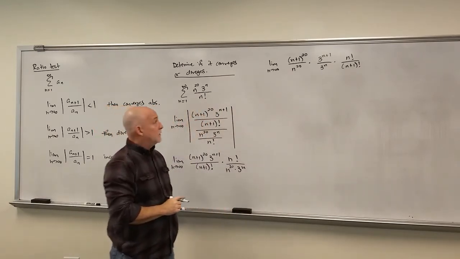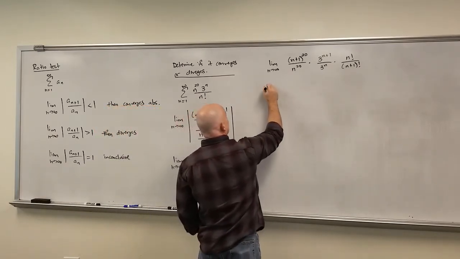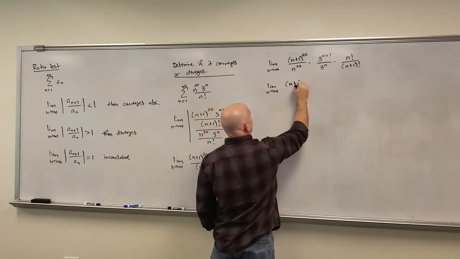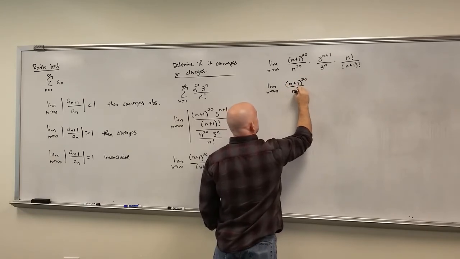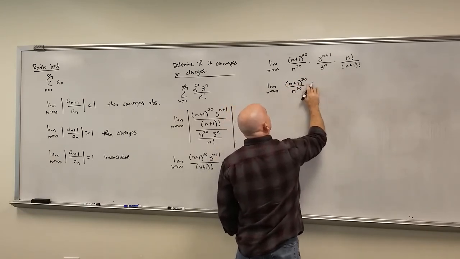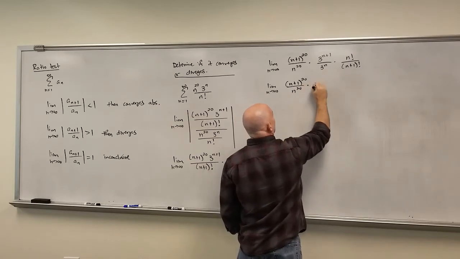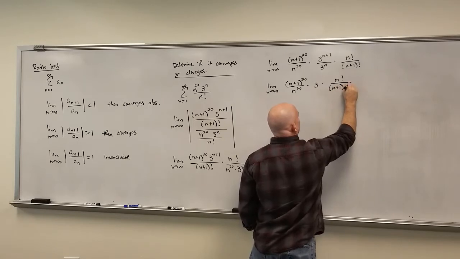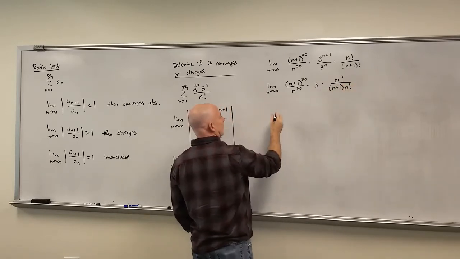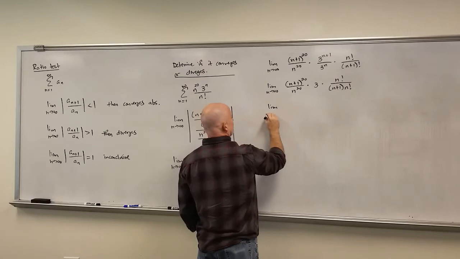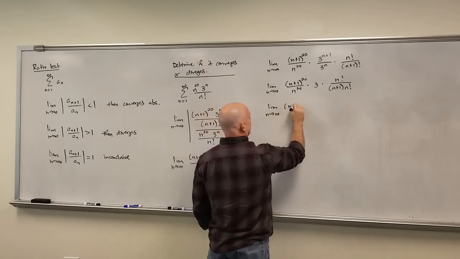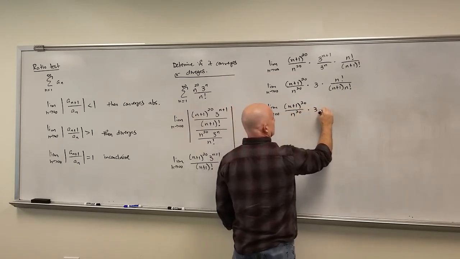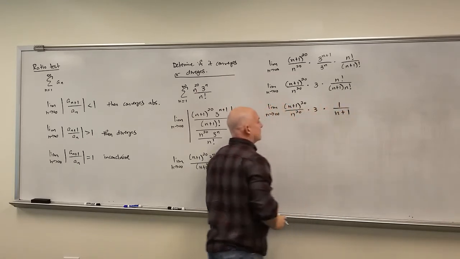Kind of simplifying these, what are we going to end up with? We end up with the limit as n goes to infinity of (n plus 1)^20 over n^20. Again, we have one more 3 on the top, and I can rewrite (n plus 1) factorial as n plus 1 times n factorial. So on that last one, the n factorials will cancel. Limit as n goes to infinity of (n plus 1)^20 over n^20 times 3 times 1 over n plus 1.